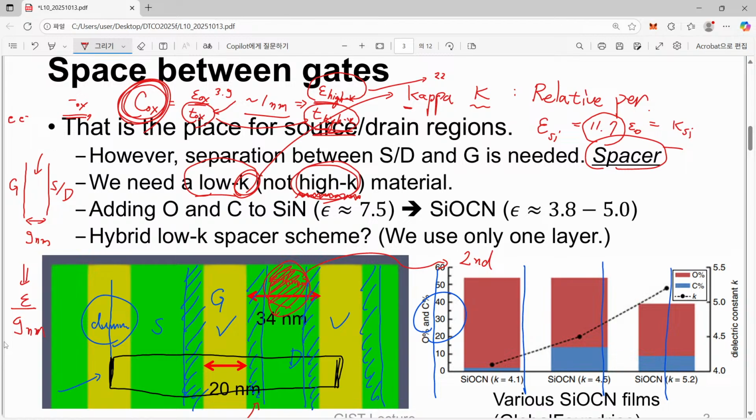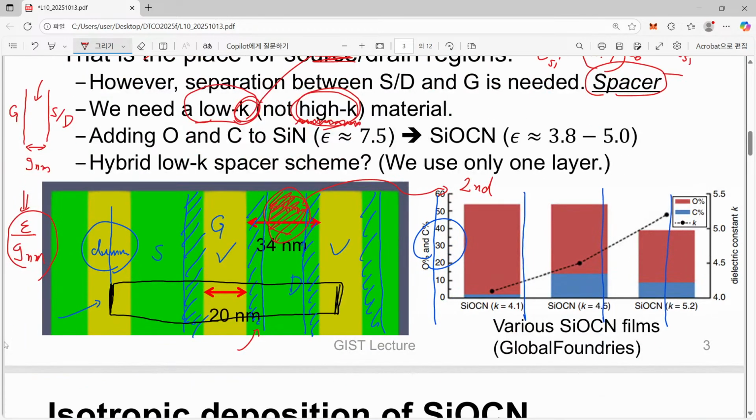If we use high K material, then we will have quite a large capacitance. Large capacitance between gate and source drain is not a good one. The capacitance we need to maximize is the capacitance between gate and channel. This one should be maximized. However, the capacitance between gate and source drain should be minimized.